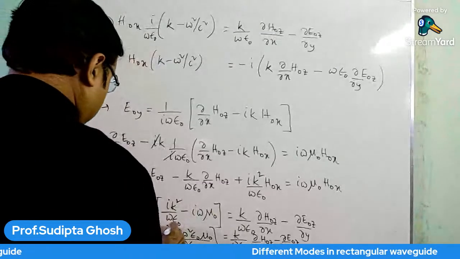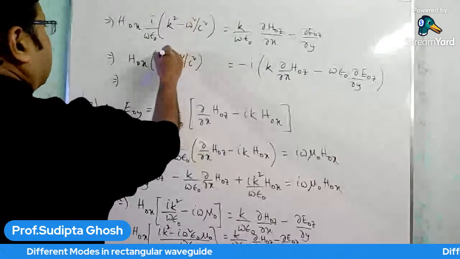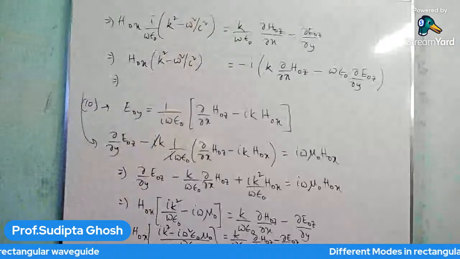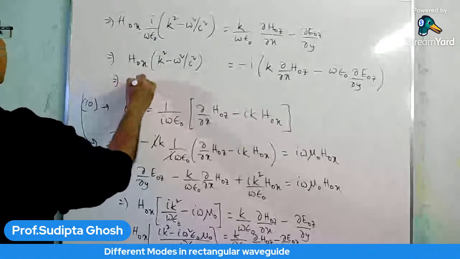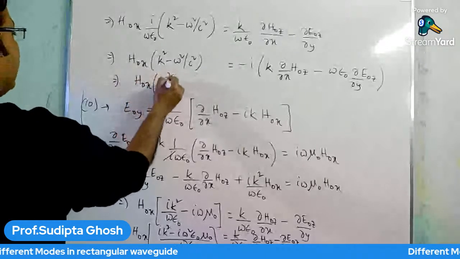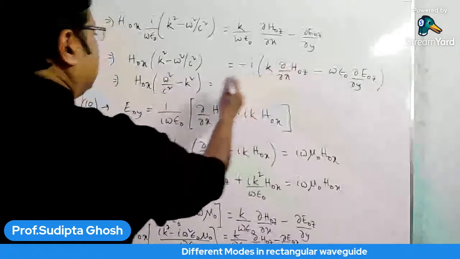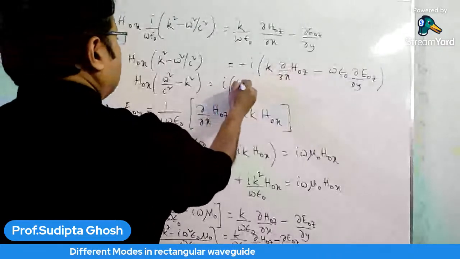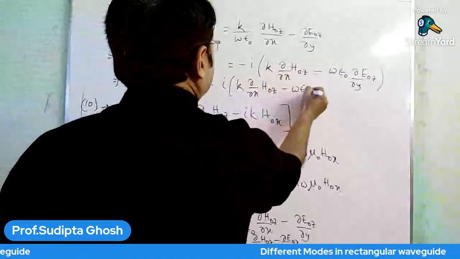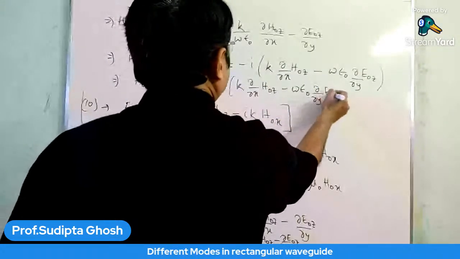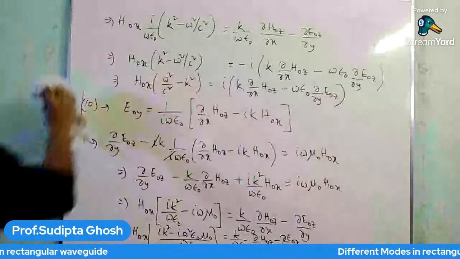It is just a k square term, right? So if I take a negative sign out of this, it will be HOX, then omega square by c square minus of k square, and then I can omit this minus from the right hand side, and it will be ik del x of HOZ minus of omega epsilon 0 del y of EOZ. Is it okay? I think everything is okay.